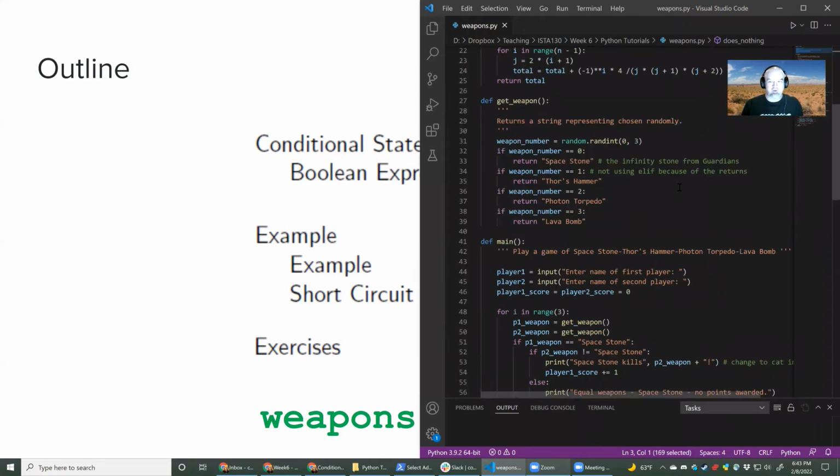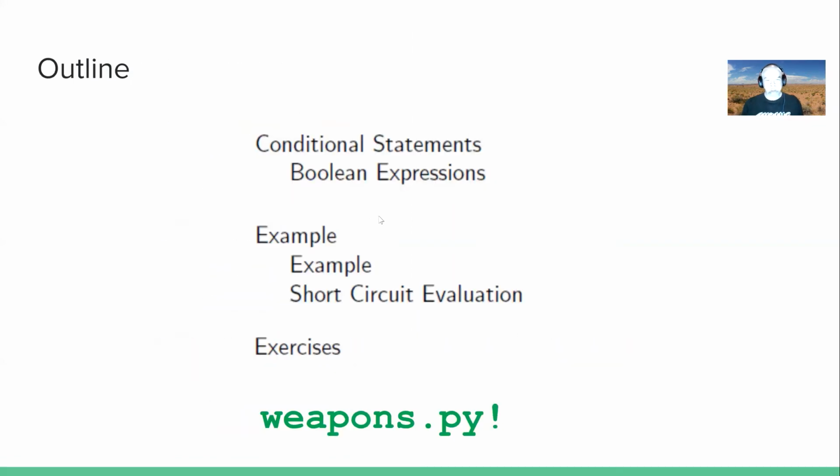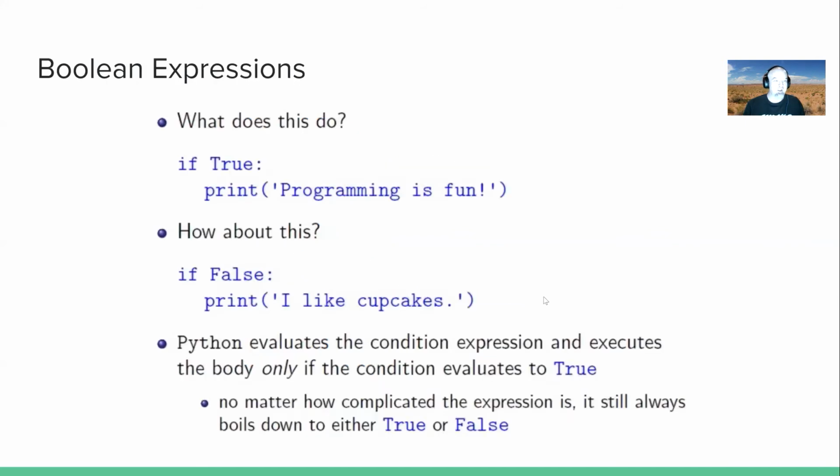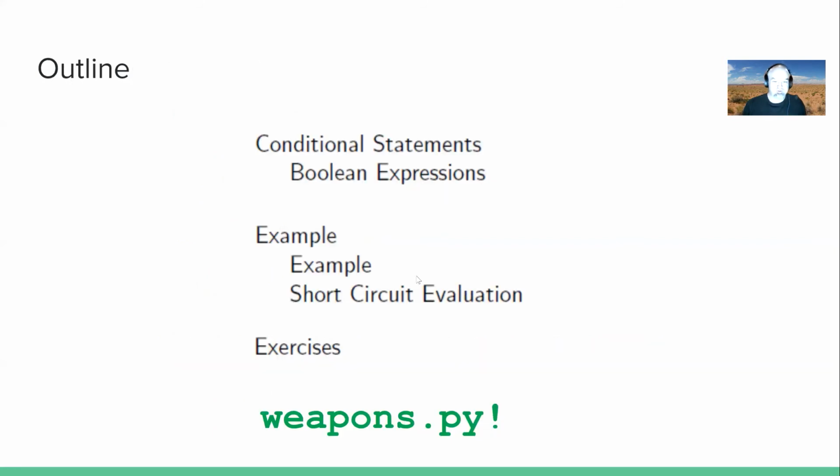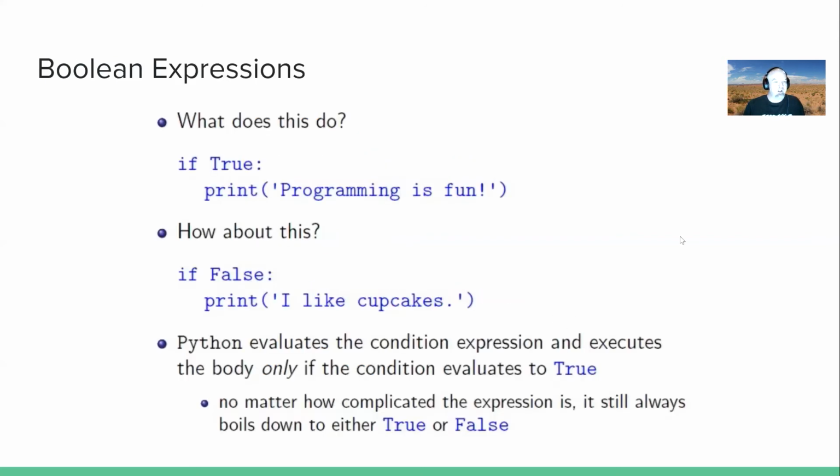If I remember correctly, we're going to be playing a complicated version of rock, paper, scissors. But let's not worry about that for now. Next, we're going to talk about Boolean expressions and conditional statements, and then go through an example and talk about short circuit evaluation.